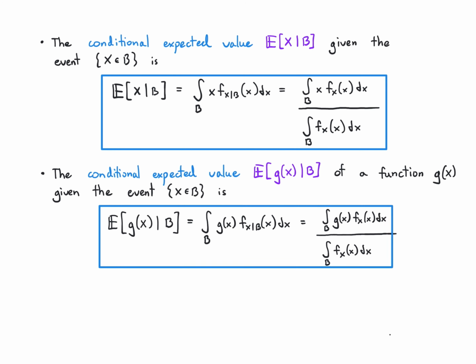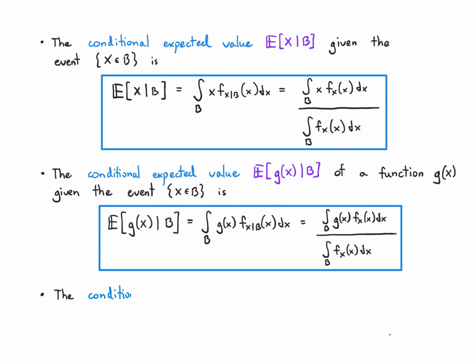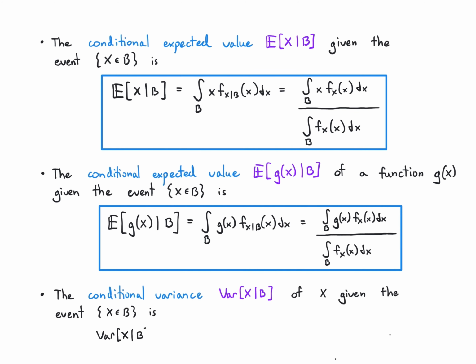Finally, it's useful to note that we can also define conditional variance given B. That's going to be the same thing as variance, how you vary about the mean on average, except here I replace every expectation with a conditional expectation. Notice inside, where I'm subtracting the expectation from X, that's a conditional expectation.